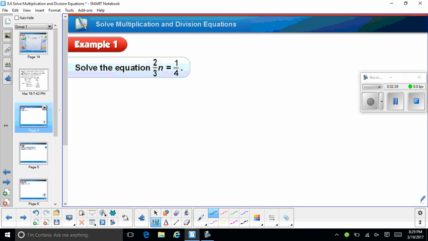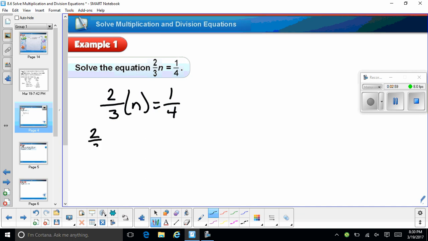In this particular problem, they've just given me the equation and I need to solve for n. I'm using fractions. I see that I'm multiplying, so I know that I'm going to have to divide. It's very hard, though, just to go ahead and divide a fraction by a fraction, so I have to rewrite it the way it should be.